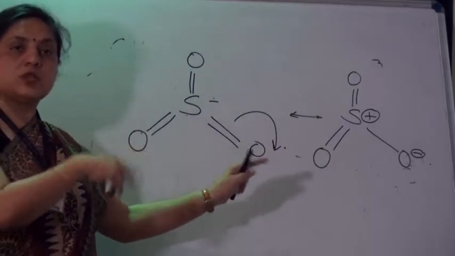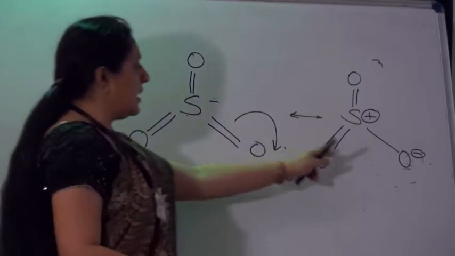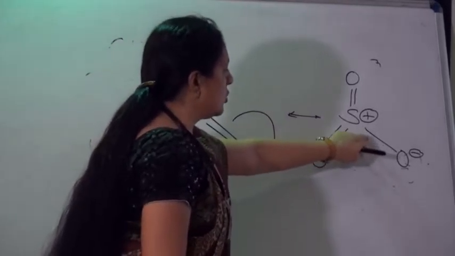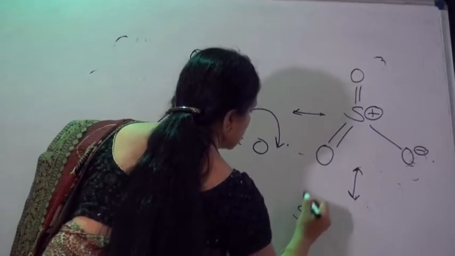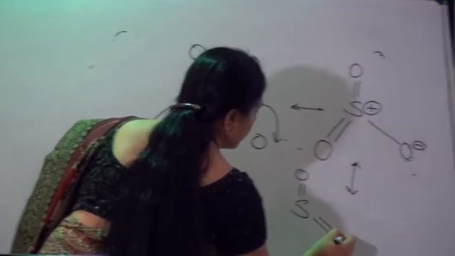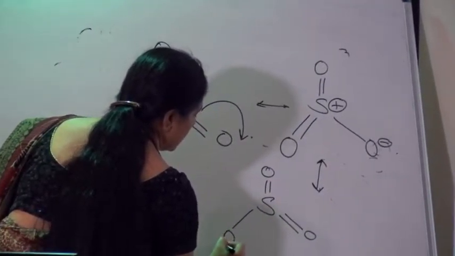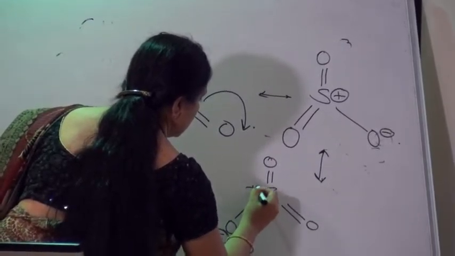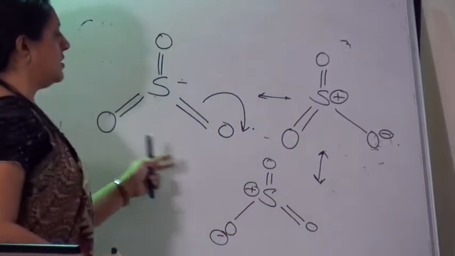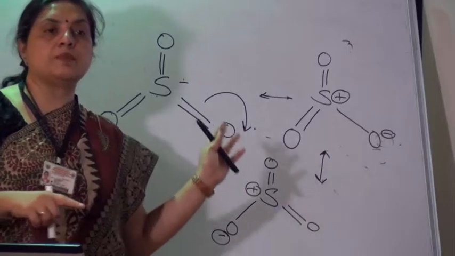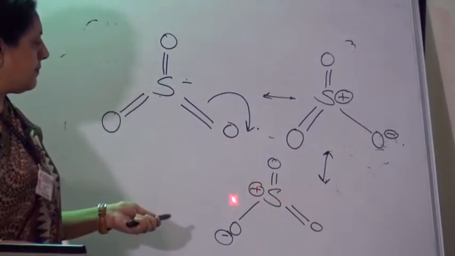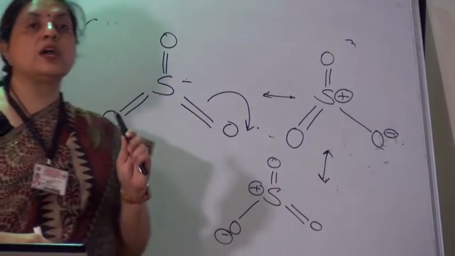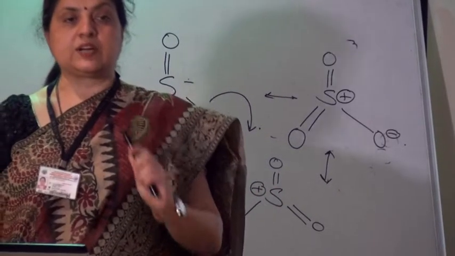And this is a resonance stabilized structure. This will go back, here it will be like this, it's a resonance stabilized structure. In the same way we will have a third structure, it is a resonance hybrid. So here sulfur basically has a positive charge, so SO3 is an electrophile.